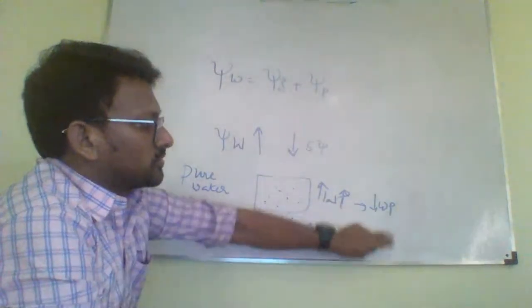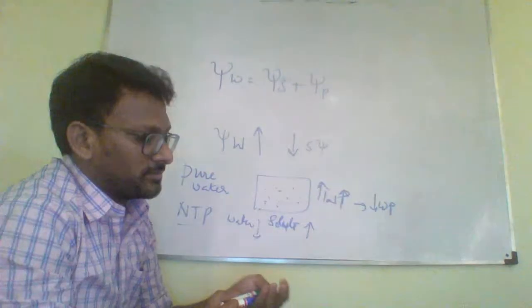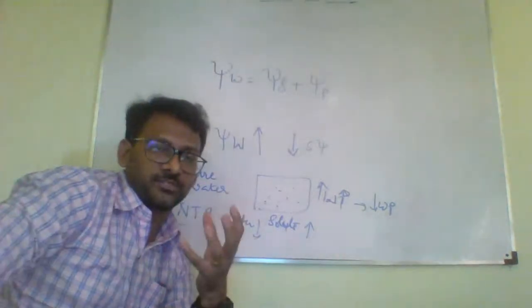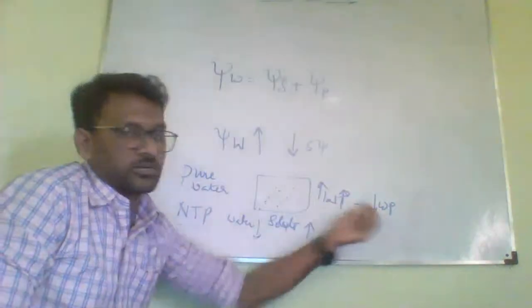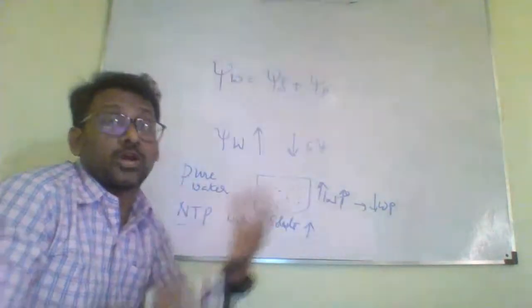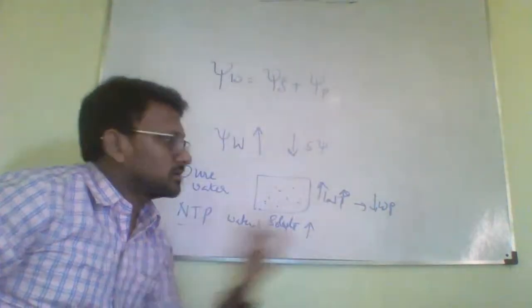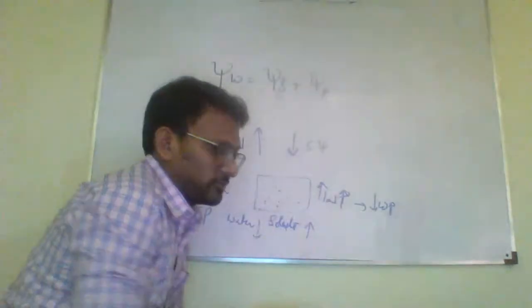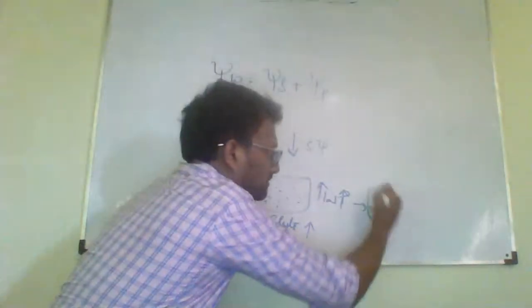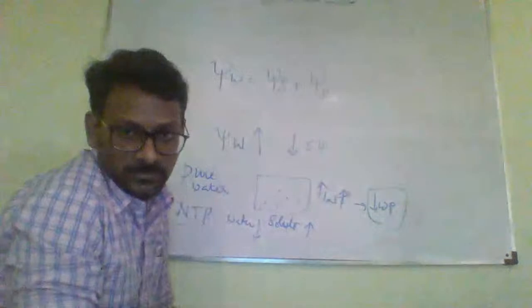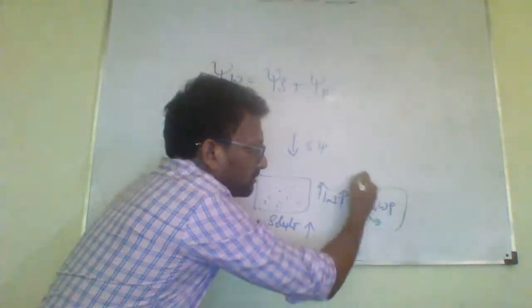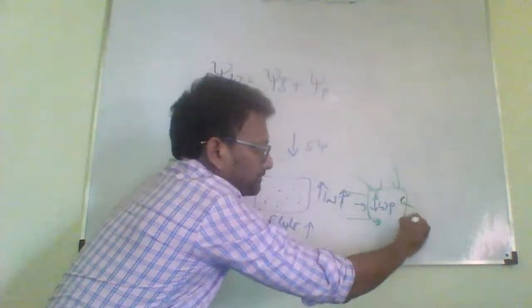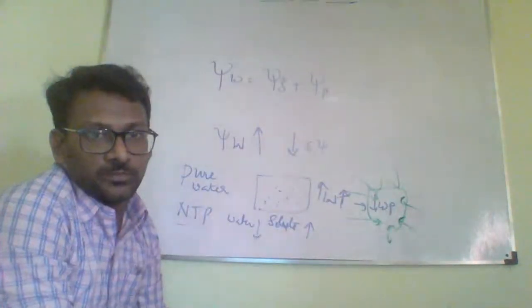So for example, if a cell or any substance for that matter, which has less water potential, has more absorption. If you consider this as an object, some substance or a cell, it has low water potential, so it tends to absorb a lot of water. So more absorption would be taking place.